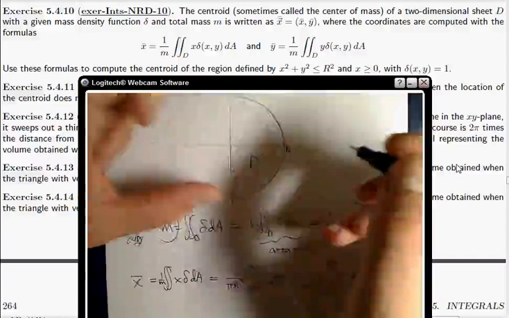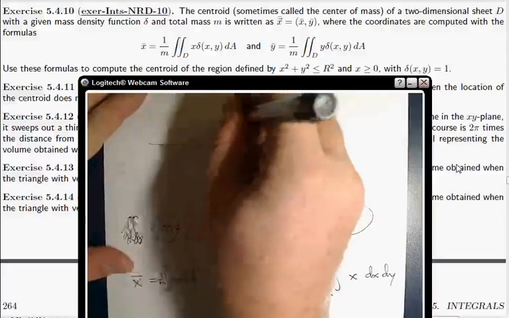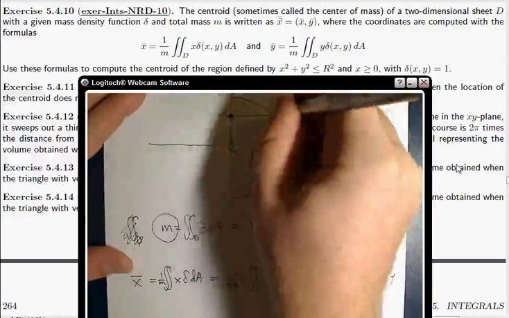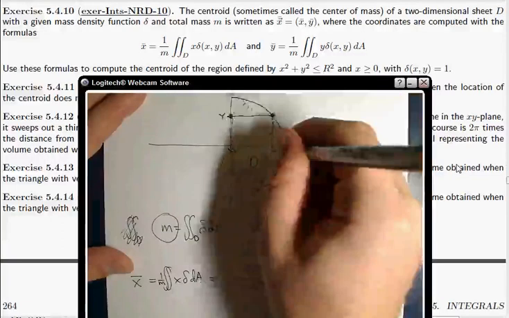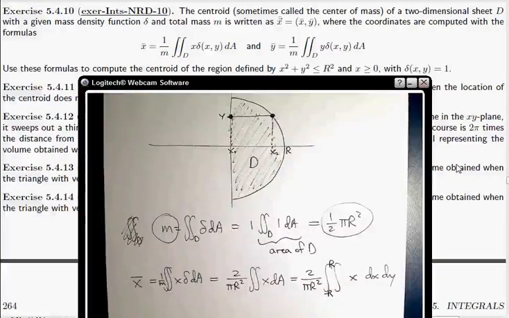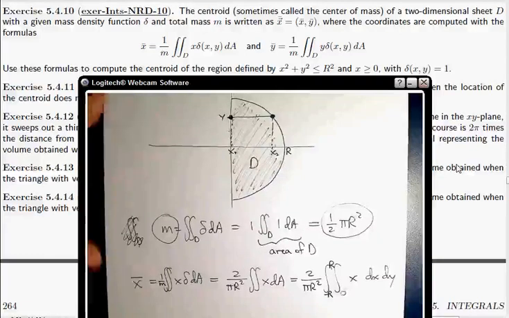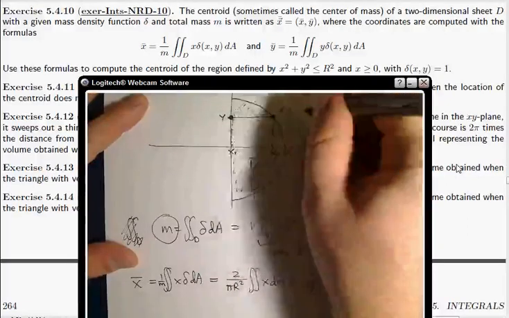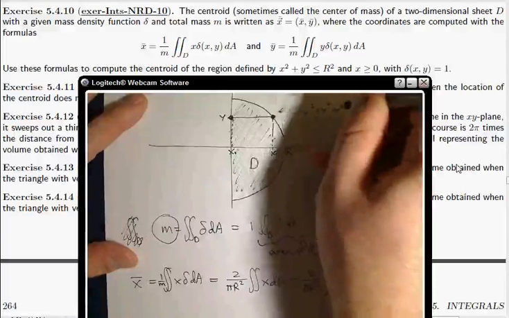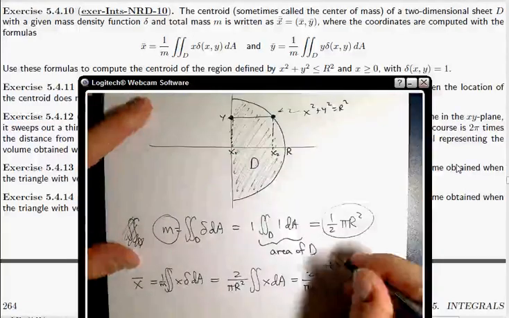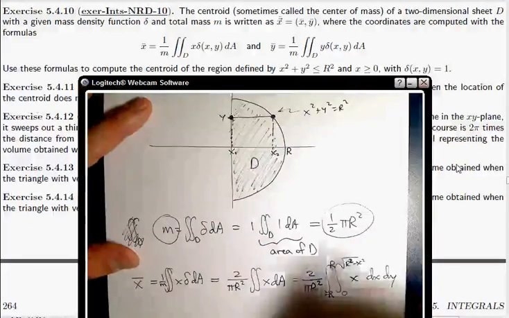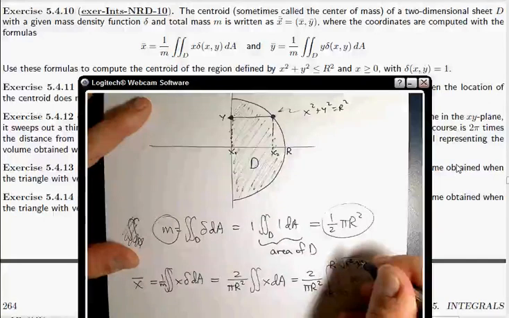And now for a given value of y, there's an x1 and an x2. x1 is clearly 0. And what is x2? That point is on the circle. The circle has the equation x squared plus y squared equals r squared. Solve for x, and you get the square root of r squared minus y squared.